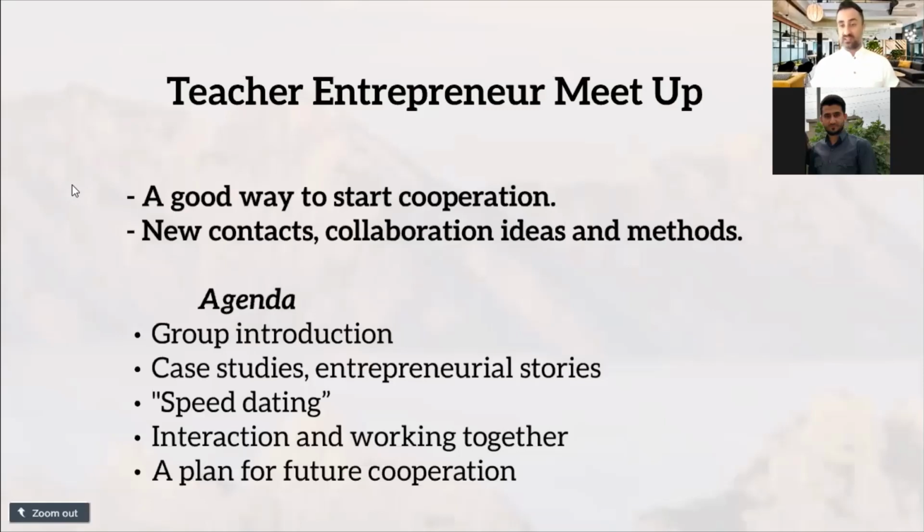In that case, learning becomes authentic. Why? Because you met the real entrepreneurs, and they talked about their story, and now you are transferring the knowledge that you received from the entrepreneurs to the students. So they will learn a lot from that cooperation and that meeting.